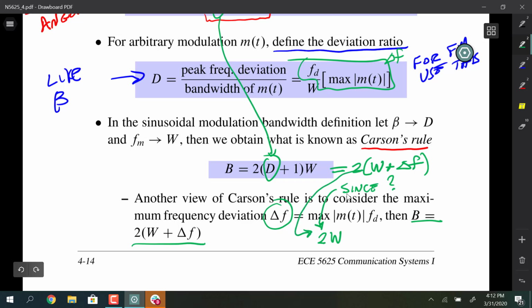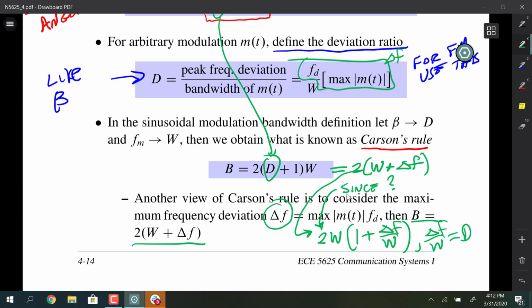If I bring W out of there, then I get 1 plus delta F over W, and delta F over W is just D from the definition up above. So those two are interchangeable.